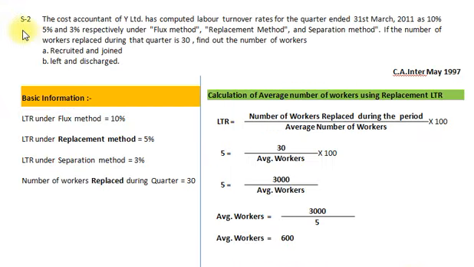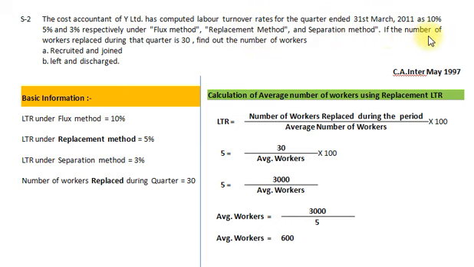Let us solve the second example. The cost accountant of Y Limited has computed labor turnover rates for the quarter ended 31st March 2011 as 10%, 5% and 3% respectively under flux method, replacement method and separation method.